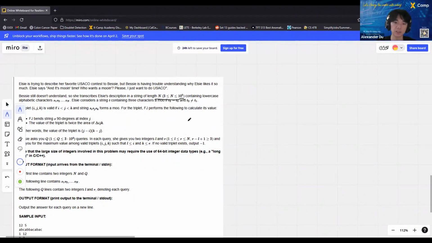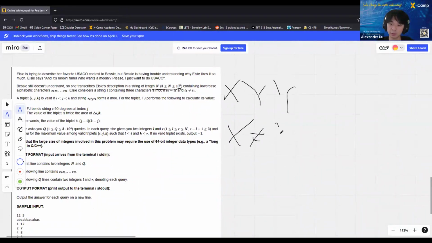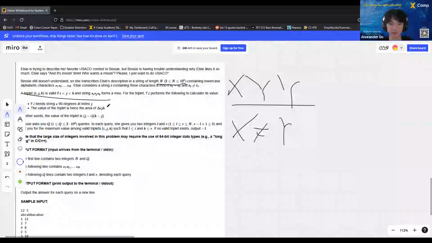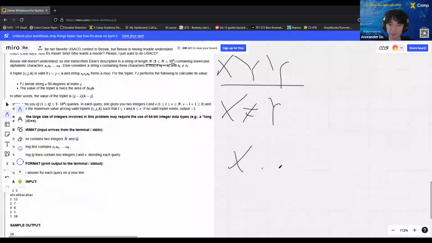And a moo is basically three characters that have the pattern x, y, y, where x is not equal to y, and they fall in this order, right? They gave an actual thorough description here, but I hope this is clear enough to everyone. So we can just have x dot dot dot y dot dot dot y, so they have to be in this order. x not equal to y equals y, obviously.